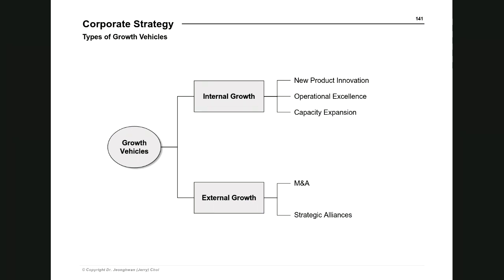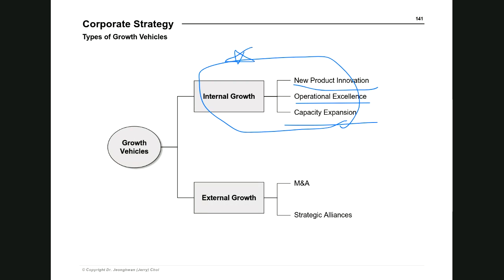And then we learned about it. There are two types of growth. If we work really hard to produce new product innovation, operational excellence, or capacity expansion, maybe we can grow internally. I know this is important.